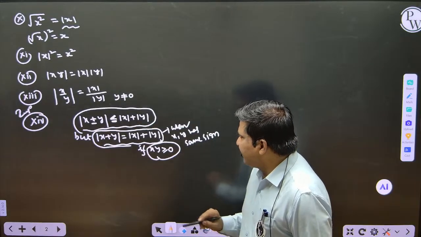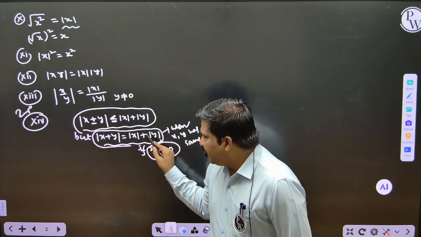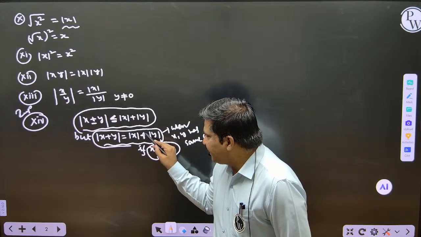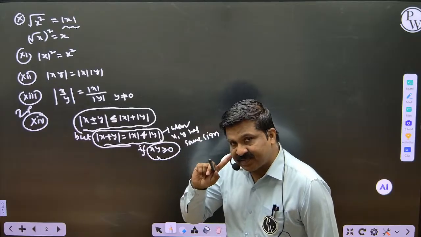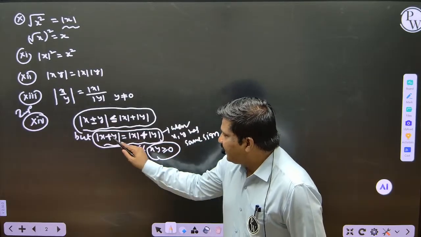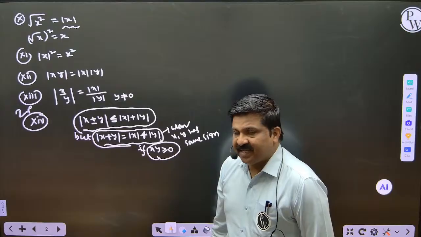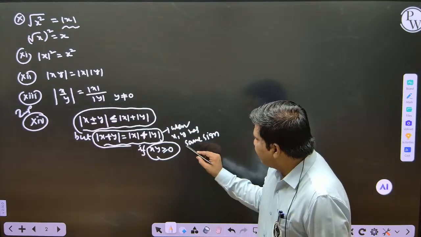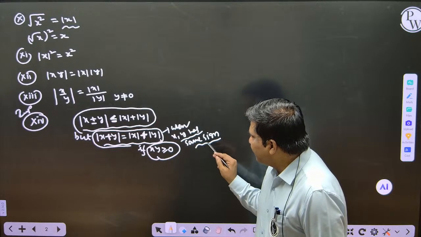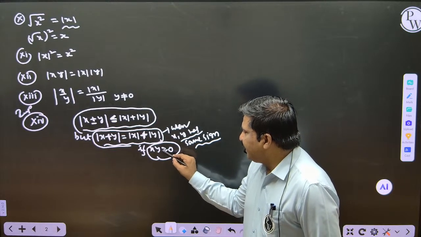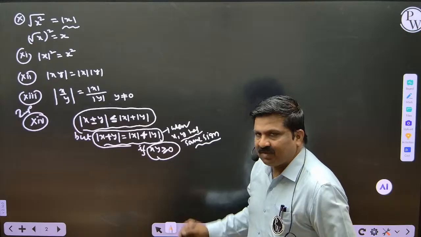You can remember it this way: here and here, what is their sign? Plus sign. Means we have the same sign here and here, so x comma y also have the same sign. If x comma y have the same sign, then their product xy is what?